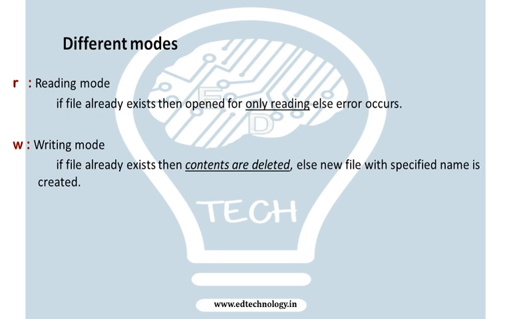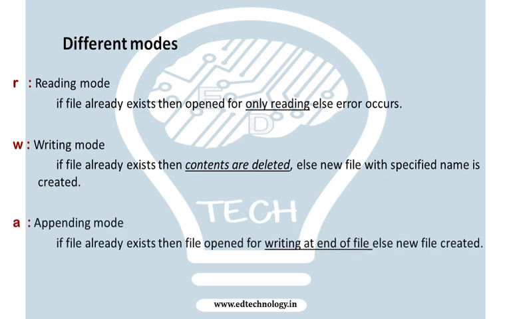So if you are opening the file in the writing mode, make sure you are doing it for the first time. If you want to edit the content, you have to use the appending mode, which allows you to add the data from where the earlier file already has data. So these are the different modes which you have in file management in C.